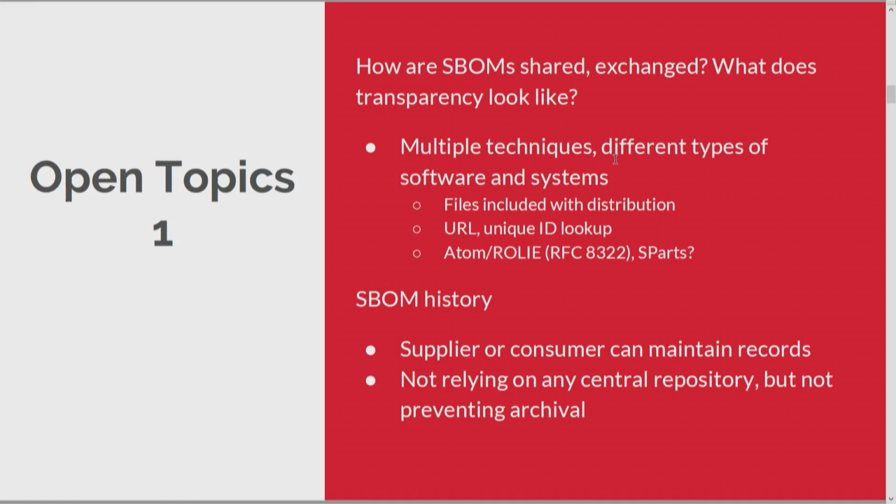There are a couple of more fancy technical things. There's ROLI in the IETF, which I think is an extension to the Atom feed system to provide information. And this other thing, SPARTS, has blockchain. Sorry, I know. But it has it in a not crazy way, and it's irrelevant that it has blockchain, really.